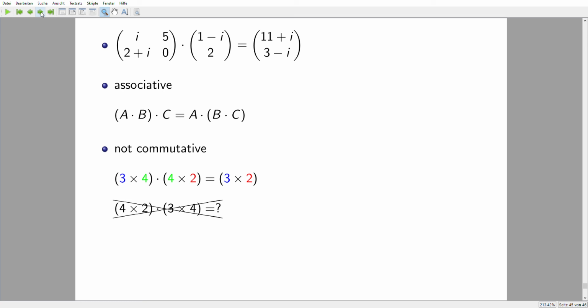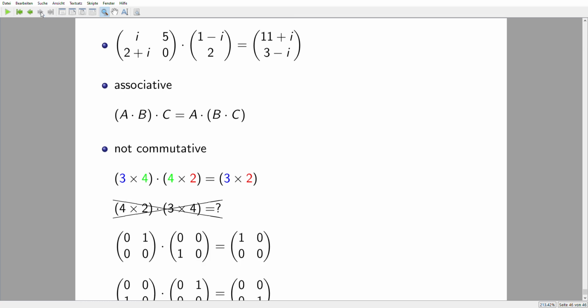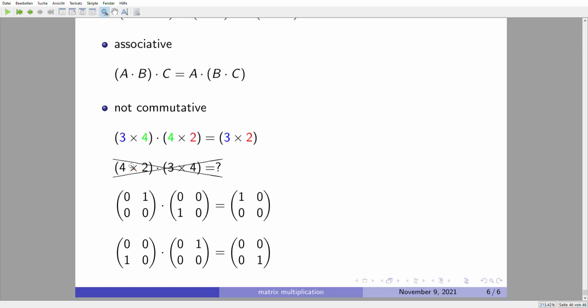But what if we have two quadratic matrices A and B? You can build A times B and also B times A, but they can differ as the following example shows.